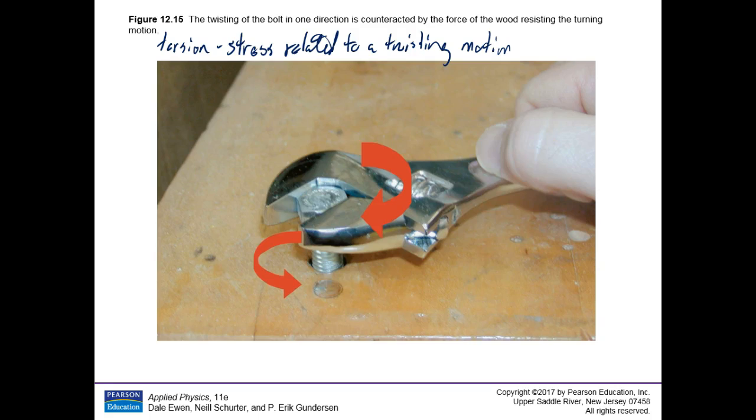This pull on the wrench here is in that direction. The displacement from the nut, from the bolt head, is that much. So this is force cross a displacement. This gives you a torsion, a stress related to a twisting motion.